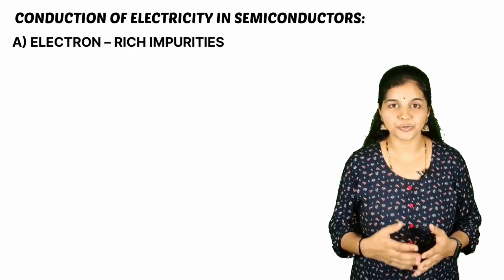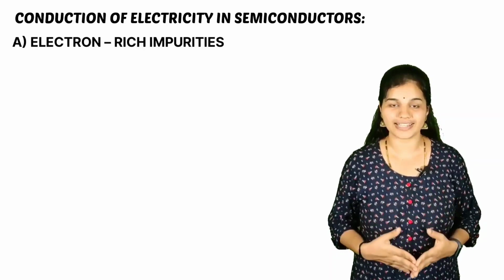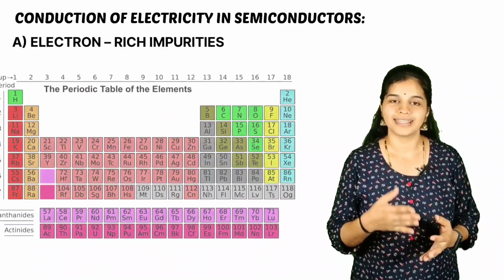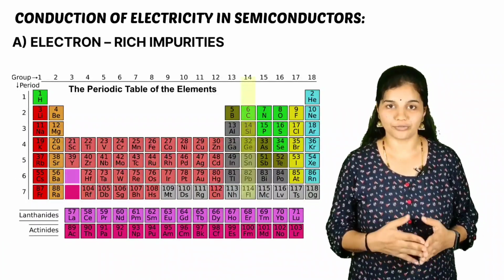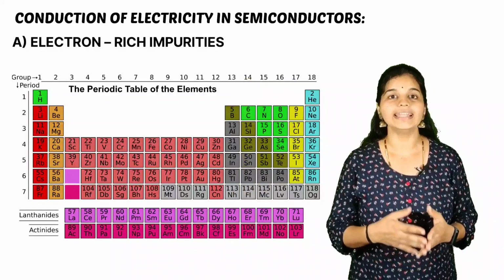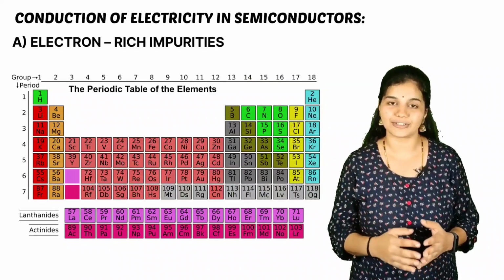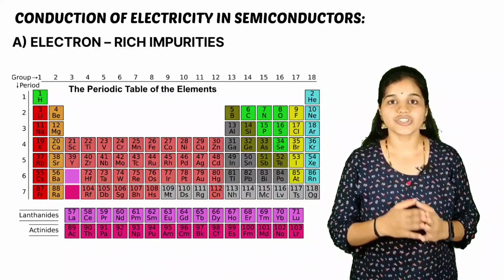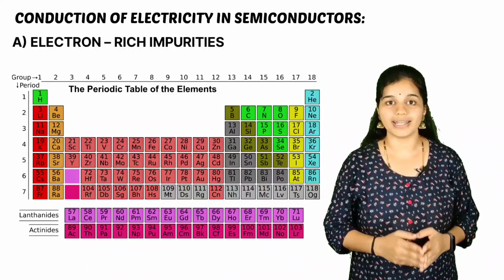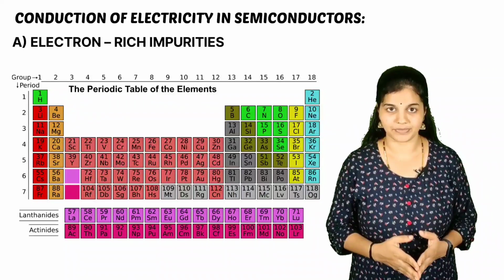Do you know to which group of the periodic table silicon and germanium belong? Yes, silicon and germanium belong to group 14 of the periodic table, and they have 4 valence electrons each. In their crystal structure, each atom forms 4 covalent bonds with its neighbors.